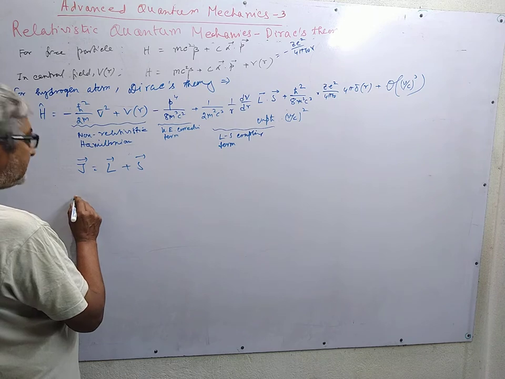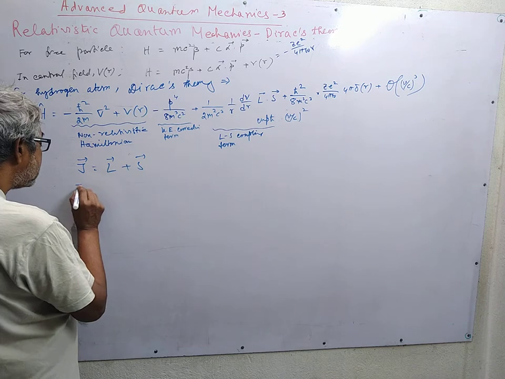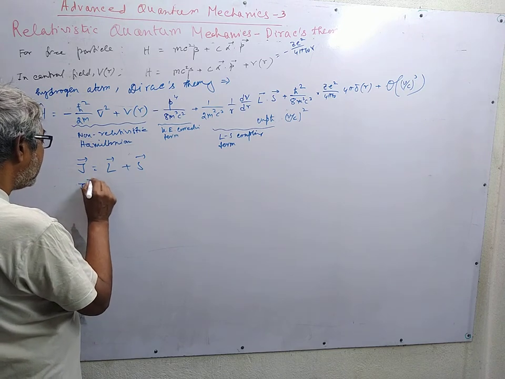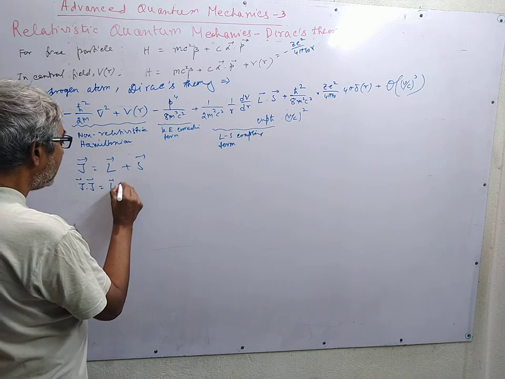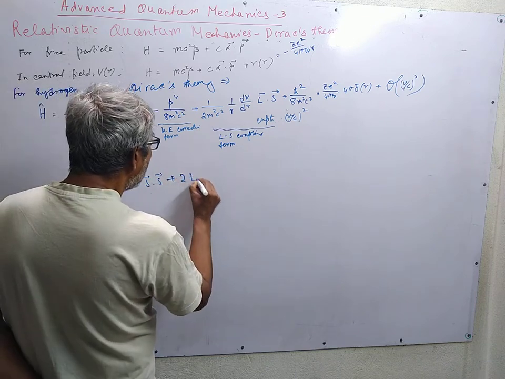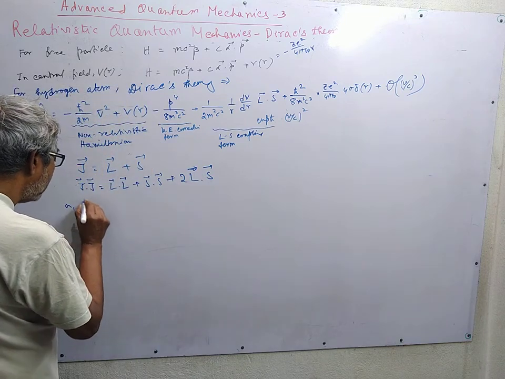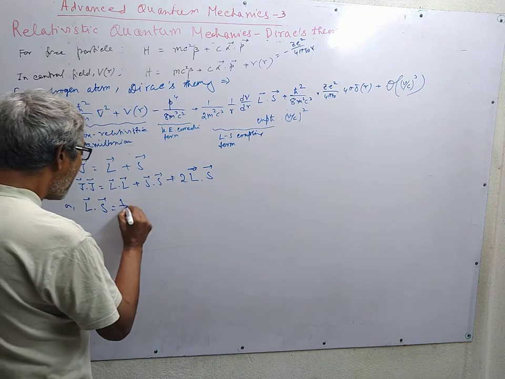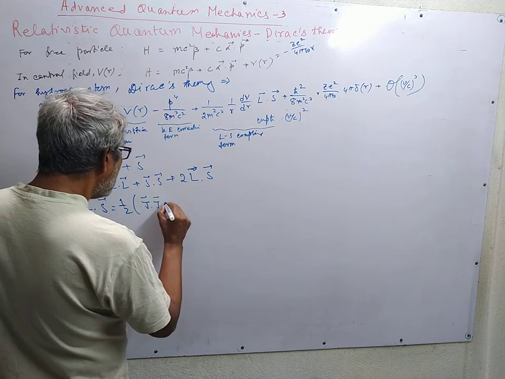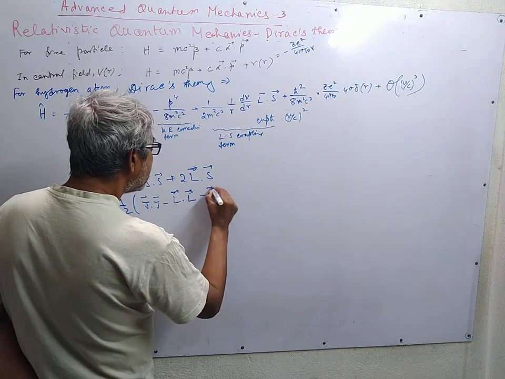In vector notation we can write J dot J is equal to L dot L plus S dot S plus twice L dot S. So L dot S is equal to half of J dot J minus L dot L minus S dot S.